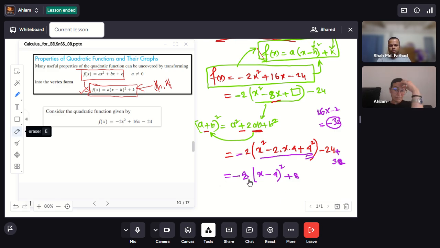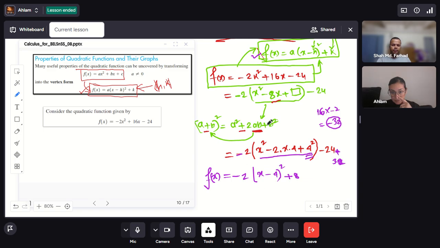Now, does it look like this form? So we have now here f of x equals negative 2 times (x minus 4) whole square plus 8.